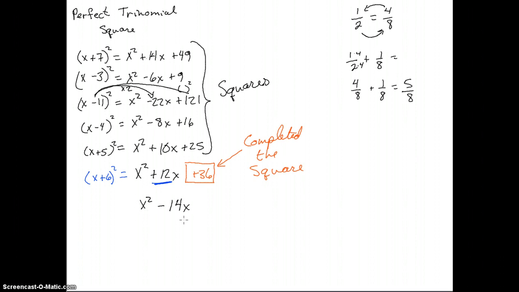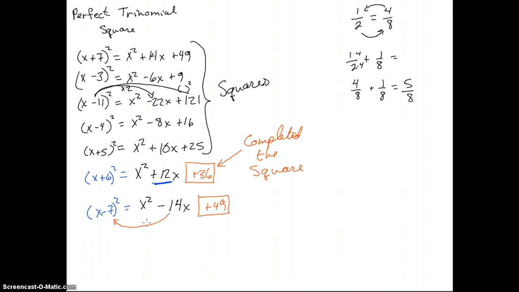If I were to give you this one and said, okay, you've got to pick some number out of the clear blue sky and add it right over here to make this a perfect square trinomial, what would you pick? And you can see, because of this 14, we know we're trying to make x minus 7 quantity squared. So that means that number over there must be a 49.